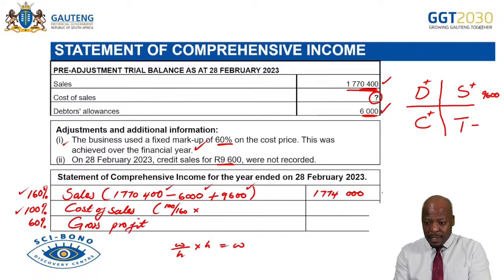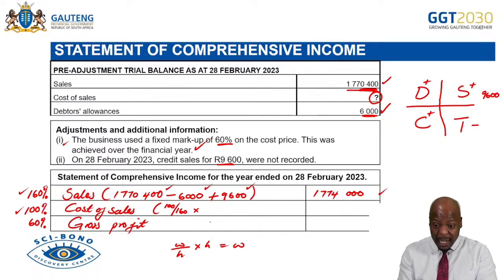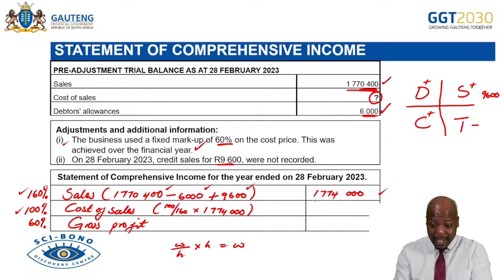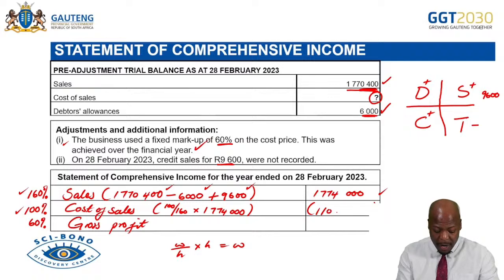And that 160% is equal to the 1,774,000. I put that in bracket. Then I close my bracket. Then once you punch that in your calculators, I want you to tell me, how much are you getting? Thank you. You get 1,108,000. Is that correct? Yes, 1,108,000.